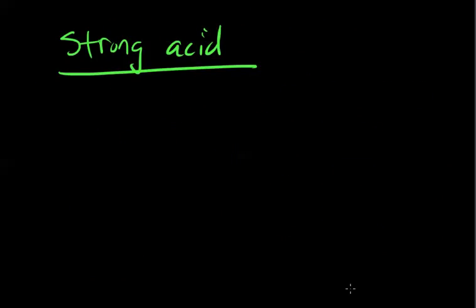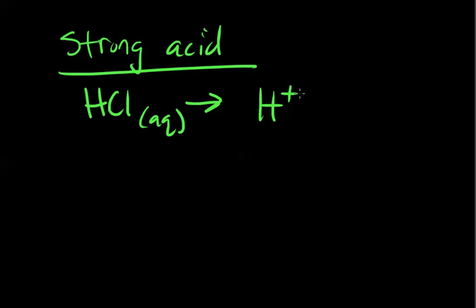So, first of all, let's look at what happens when you put a strong acid like hydrochloric acid into water. Well, what happens is that it completely breaks apart into its ions.